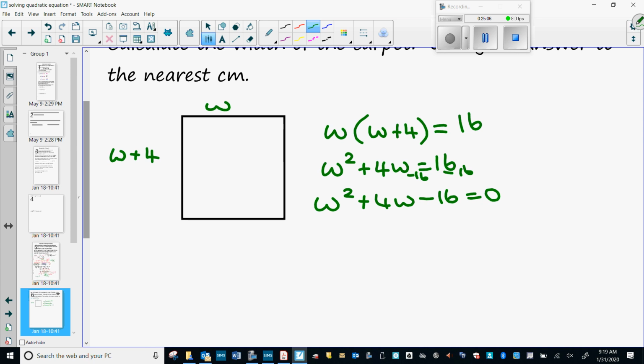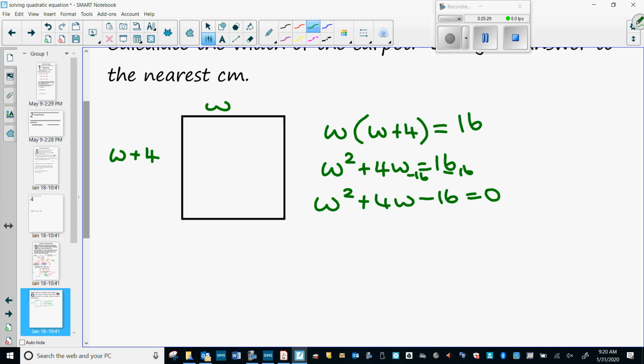Would it be the same if you minus the W squared and the 4W? Yes, but then you're going to end up with negative W squared. It just makes it hard because remember, factorising is our preferred option if we can. You can't always. And in this case, we cannot factorise this.